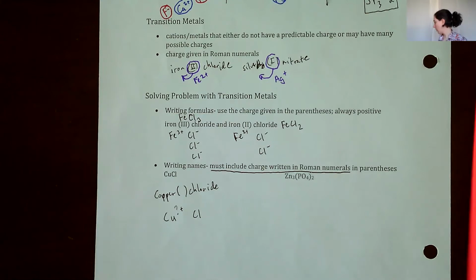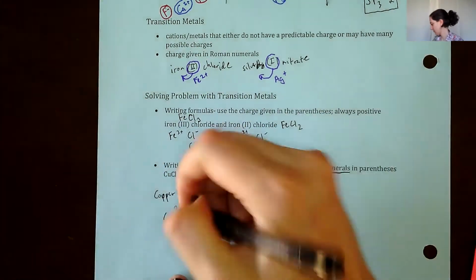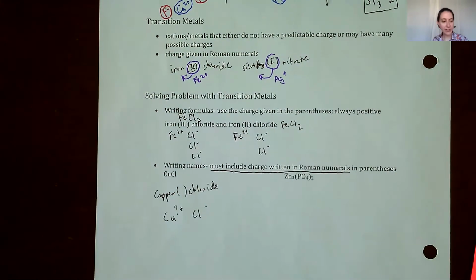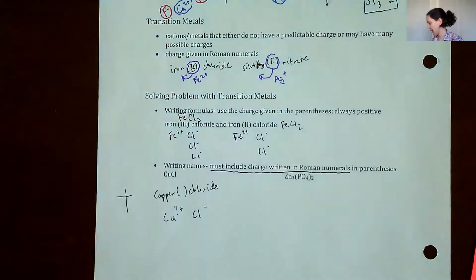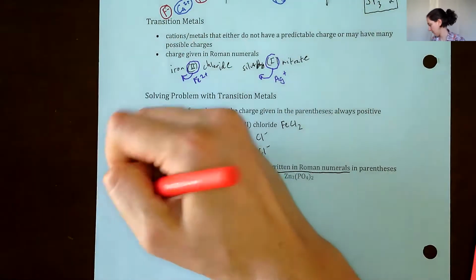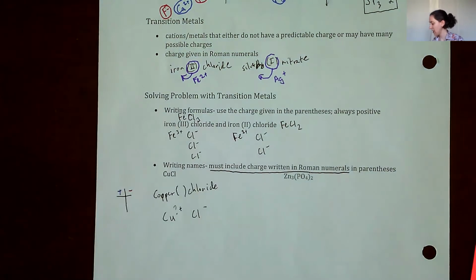Chlorine, I know from the periodic table, is a -1. So if we take a look at this, going back to our box method, we can do this. Draw a little box off to the side here. We've got our minus. We've got our plus, okay?